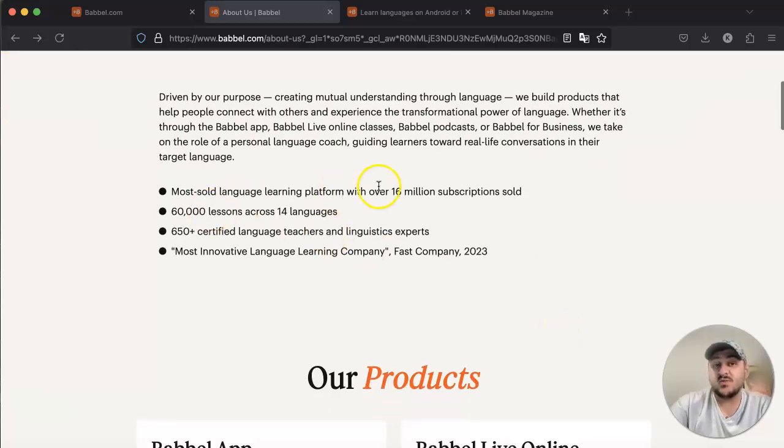As it says here, it is the most sold language learning platform with over 16 million subscriptions sold. So to jump off that, yes, it is a subscription service, so it is not free. You do have to pay for either a 3-month, 6-month, or full year, or I think it even offers a lifetime subscription where you just pay a flat out fee.